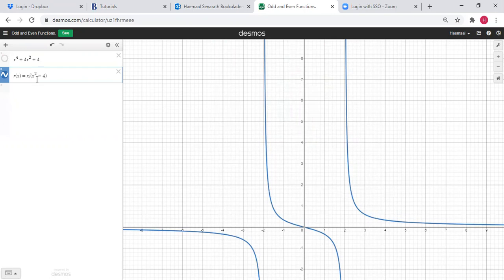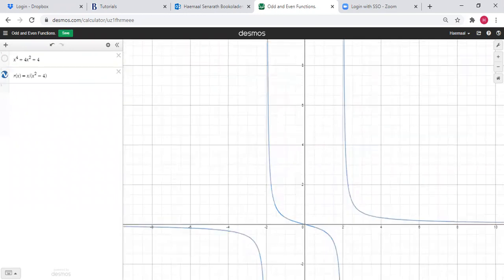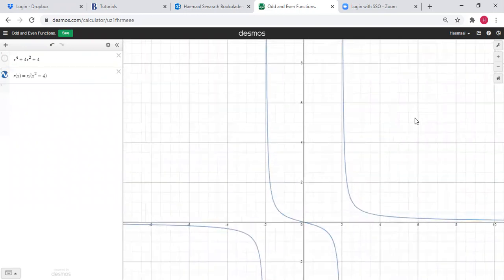It's divided by x squared minus 4. I got this graph. I doubt if I can write here. No, I cannot write there. You see, it is crossing at the origin. Again, the symmetry. That's the thing I want to show you.